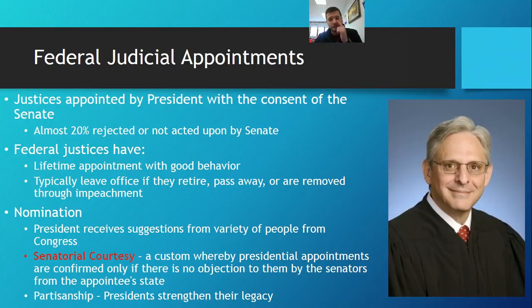So the last part of this is known as partisanship, and partisanship means that the president has very tough choices when making these Supreme Court selections, and really the federal judge selections in general, because when they select these judges, they serve for life.